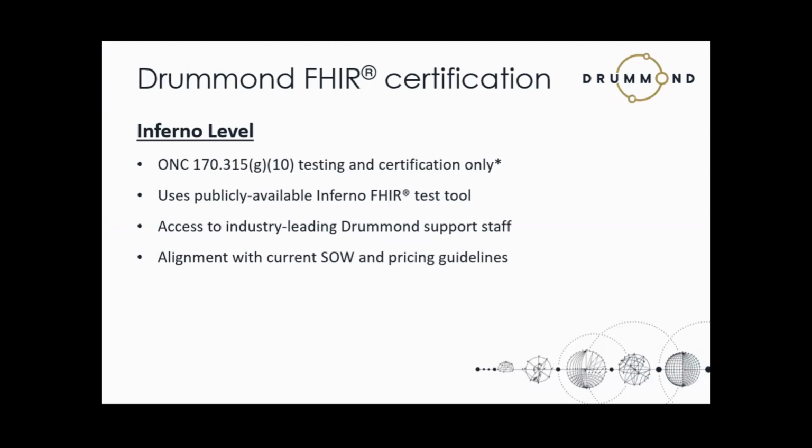As long as that's available for G10 testing per ONC rules and regulations, that'll be one pathway for our customer base. As you would expect, with a proctored test and lead up to that, our industry-leading Drummond support staff will be with you every step of the way. And this would align with your current statement of work and pricing guidelines as a current Drummond customer.